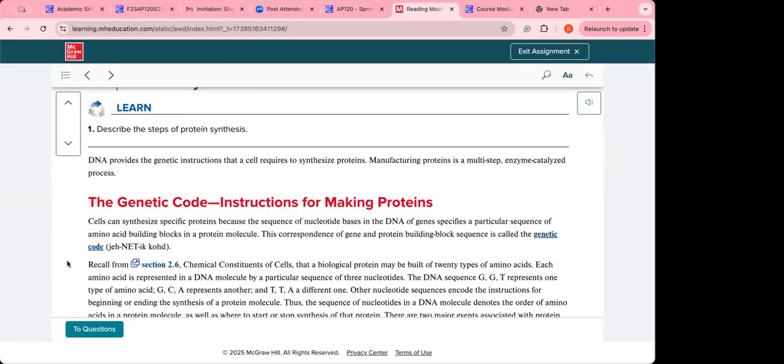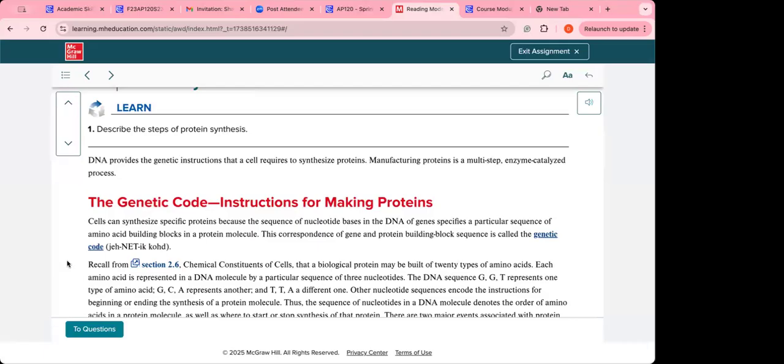Other nucleotide sequences encode the instructions for beginning or ending the synthesis of a protein molecule. Thus, the sequence of nucleotides in a DNA molecule denotes the order of amino acids in a protein molecule.